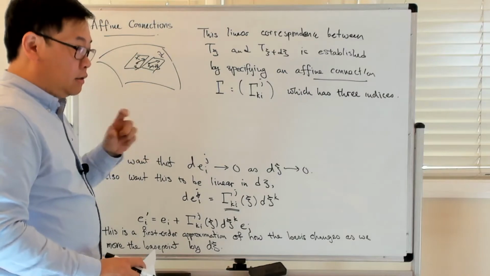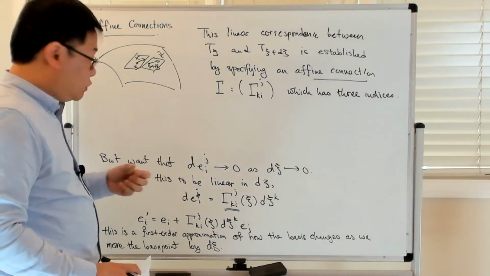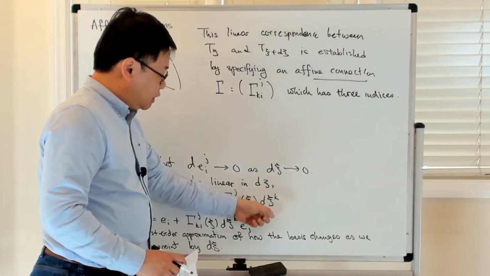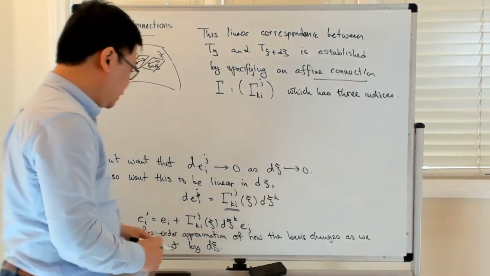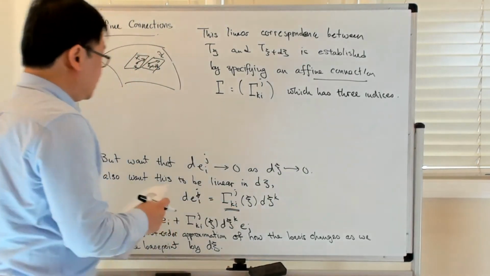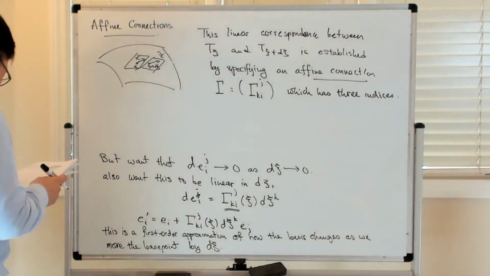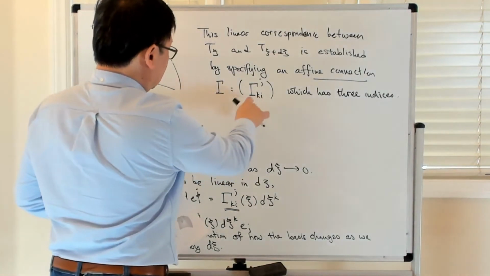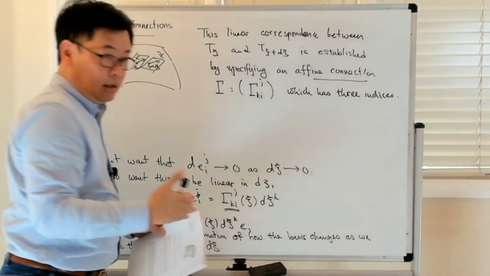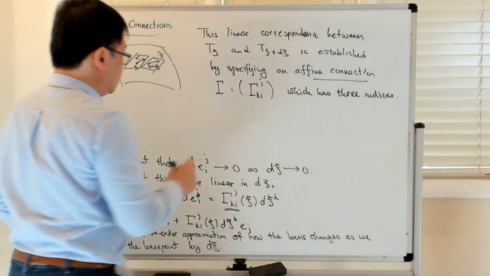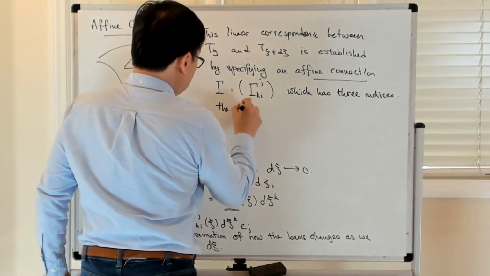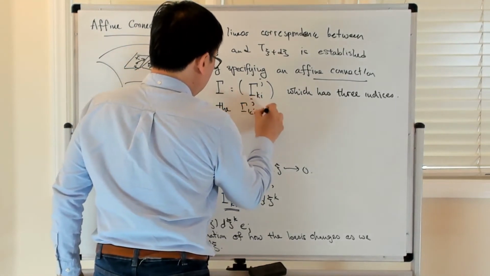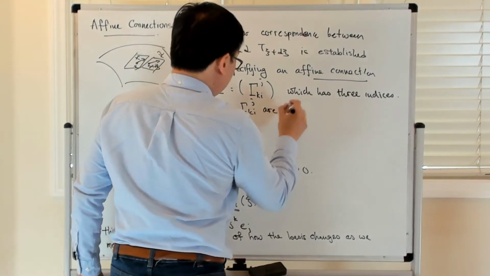But that linear transformation again depends on where you are in the nearby point. So that's why you have 3 indices. These 3-index things are the connection coefficients. So the gamma^k_ij are the connection coefficients.